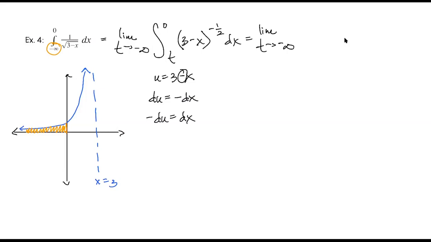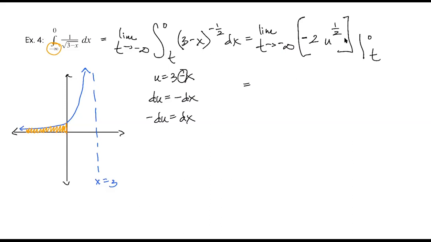So after we do that, we're going to end up with u to the negative 1/2. So that's u to the, add a power, and then the reciprocal of that. And then we're going to plug in 0 and t. And we need that negative sign that I said don't forget about.